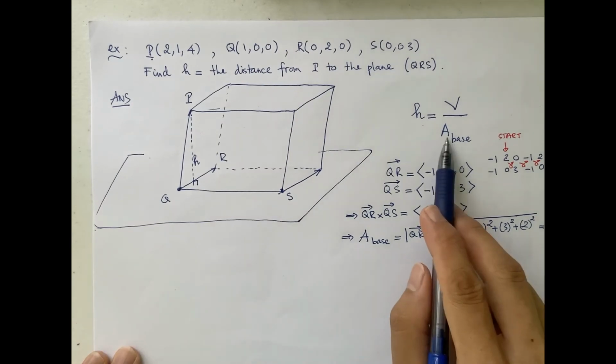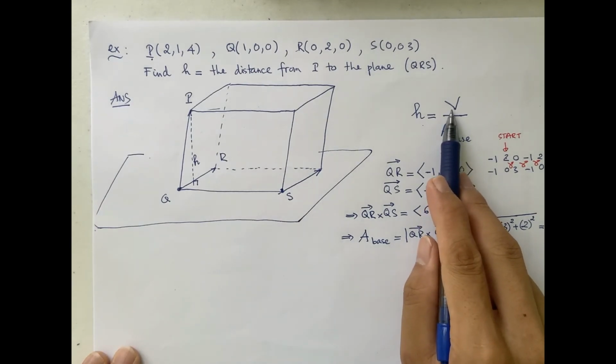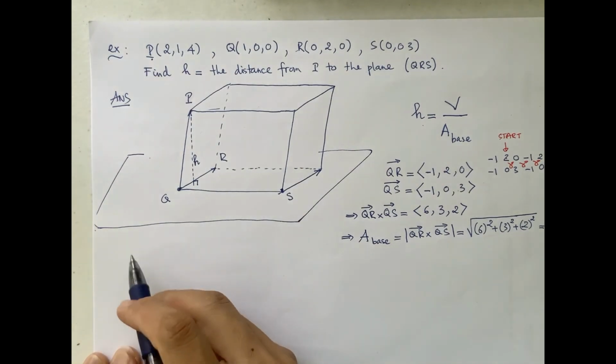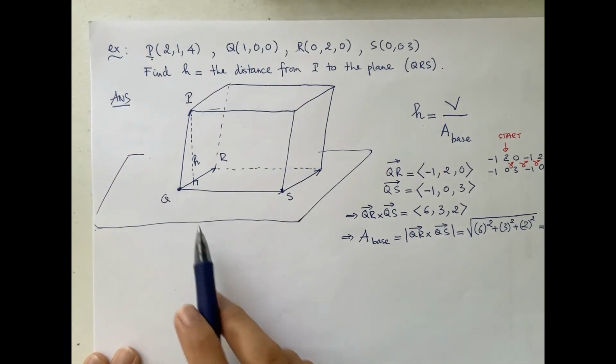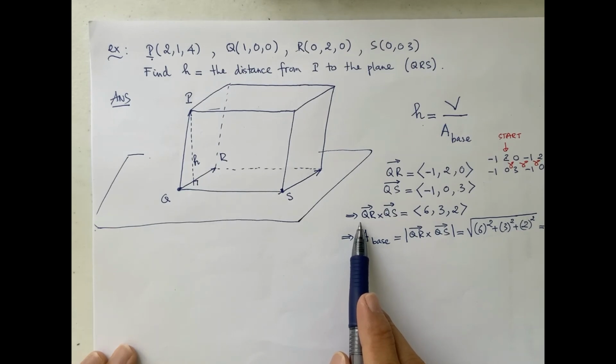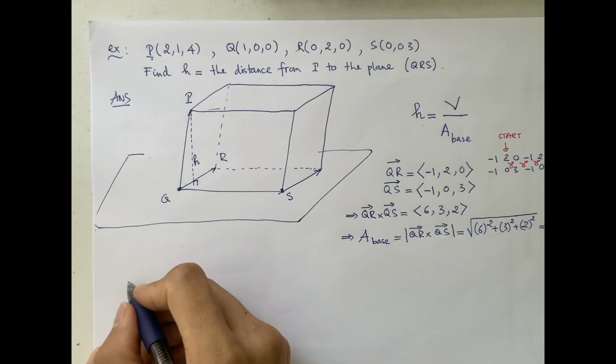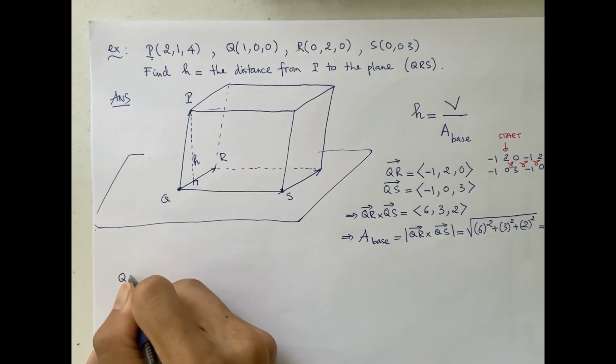Now, after you know the area of the base, the last thing you want to do is the volume of the parallelepiped. In order to do so, we need to find the dot product between QP and the cross product here. Right, so first we are going to look for QP.